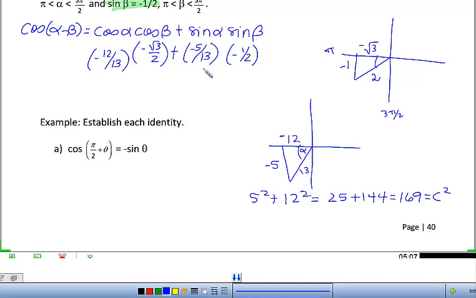Okay, so we get 12 root 3 over 26, plus 5 over 26. And we put those together, we end up with 12 root 3 plus 5 over 26.